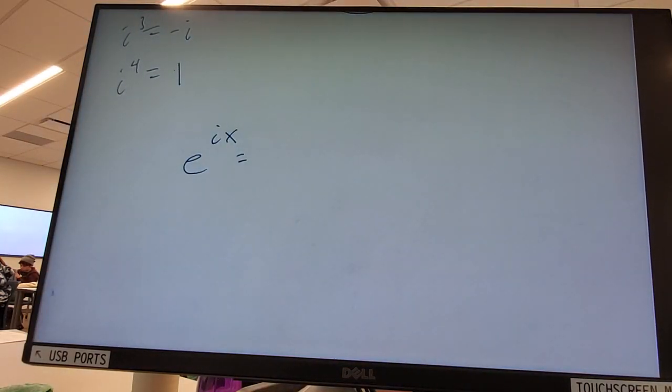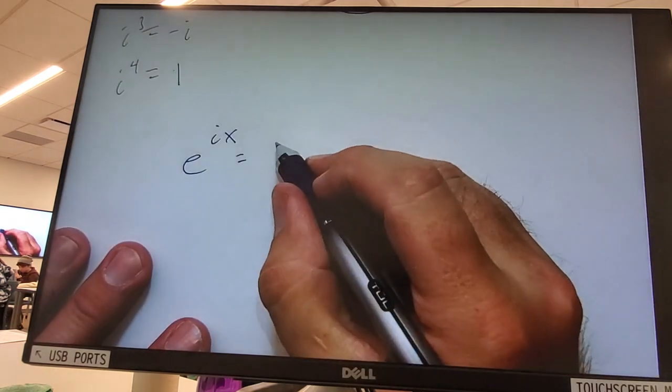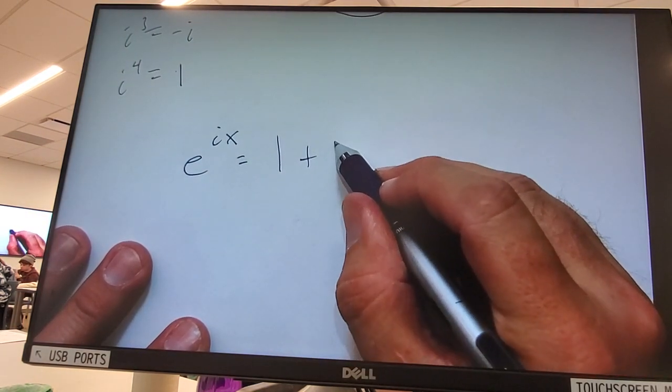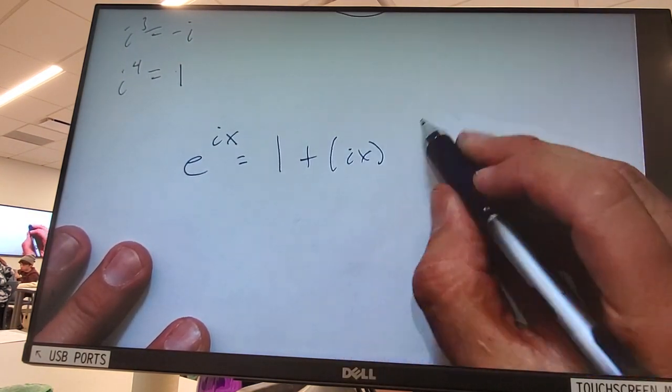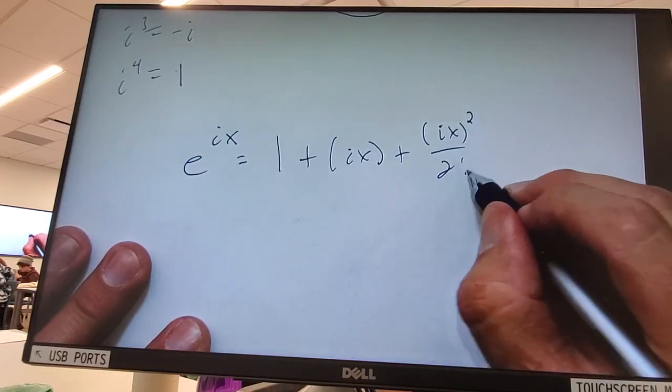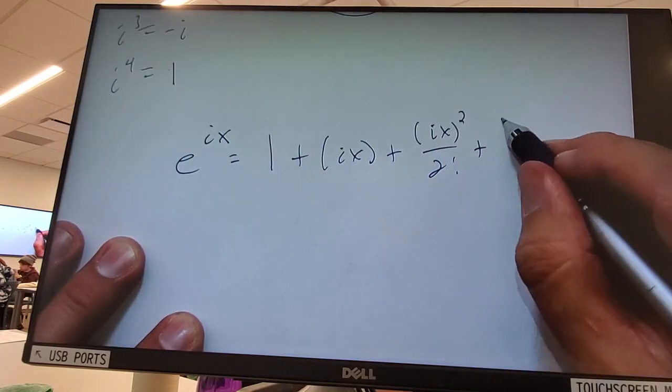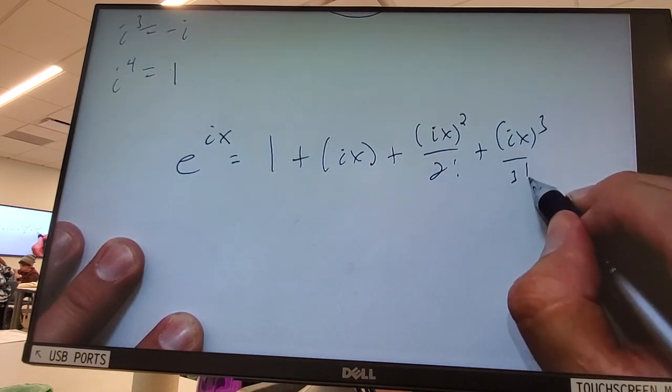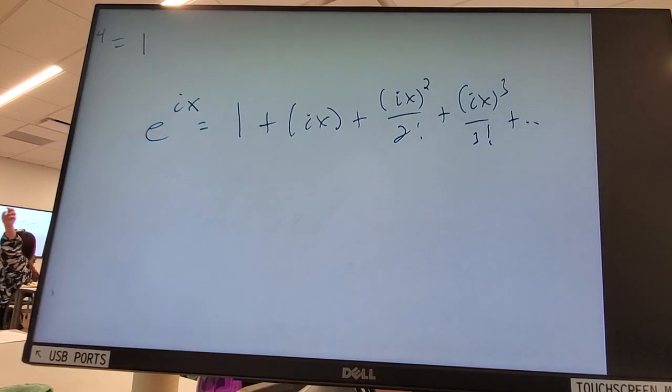There you go. So if e to the x is 1 plus x plus x squared over 2 factorial, e to the ix is 1 plus ix plus (ix) squared over 2 factorial plus (ix) cubed over 3 factorial. Is everybody with me? So at this level I'm just plugging things in.